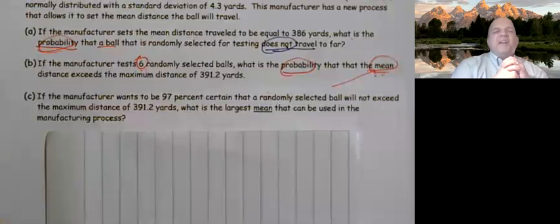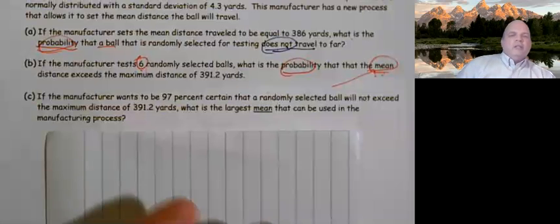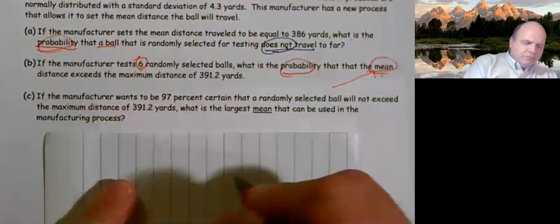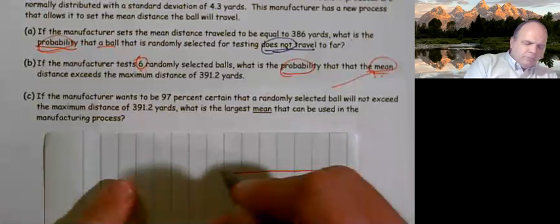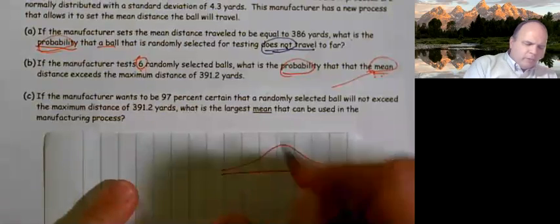All right. If the manufacturer wants to be 97% certain that a randomly selected ball will not exceed the maximum distance of 391.2 yards, what's the largest mean that can be used in the manufacturing process? So, what do I know?